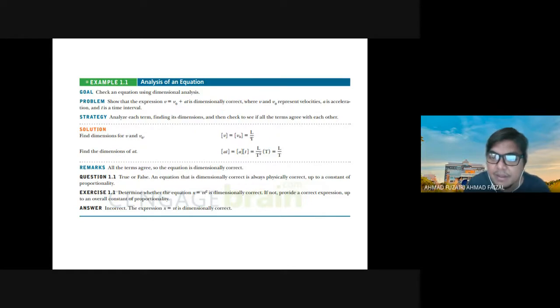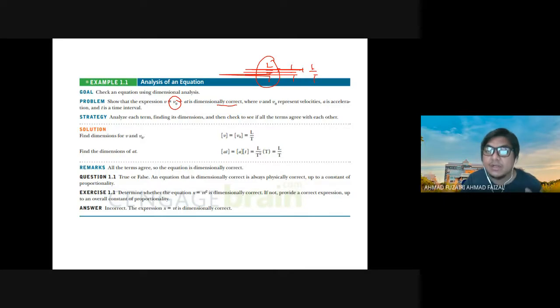Okay, so L over T on the left side is equivalent to L over T plus L over T. The terms on the left side must be equal to the terms on the right side, because the expression is dimensionally correct.